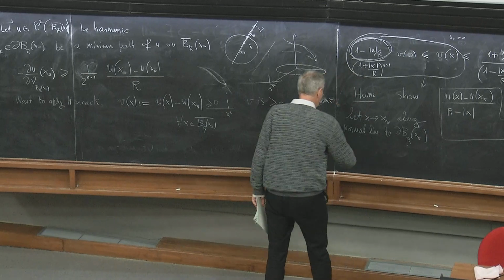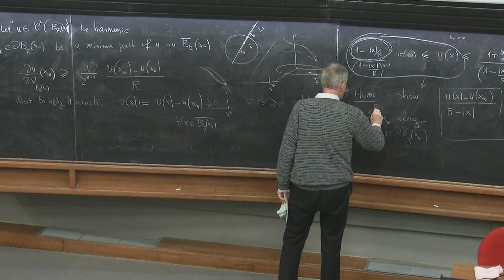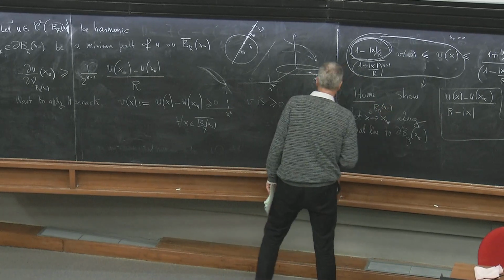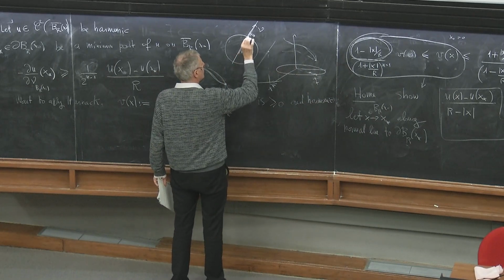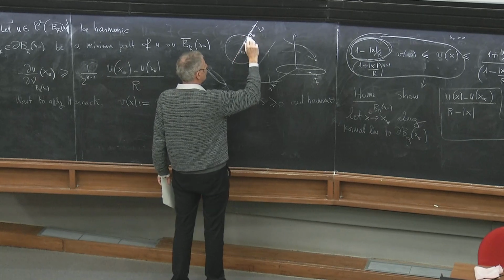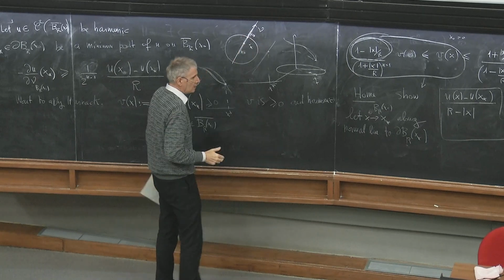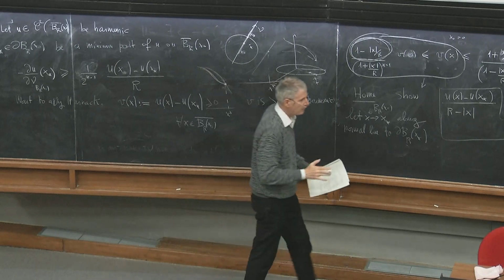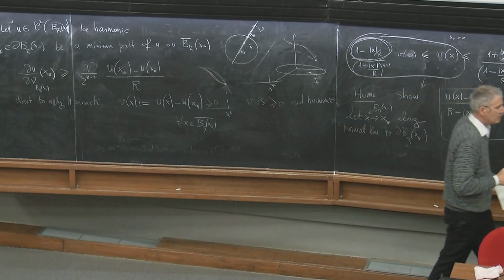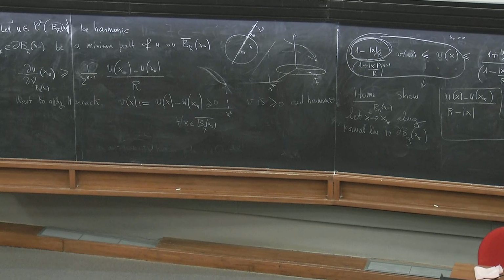X is in the ball. So just pass to the limit of the inequality in this direction. The difference quotient here is nothing but the limit of the difference quotient, since the function u is very smooth. The limit of the difference quotient along that direction is the normal derivative at the point x star.